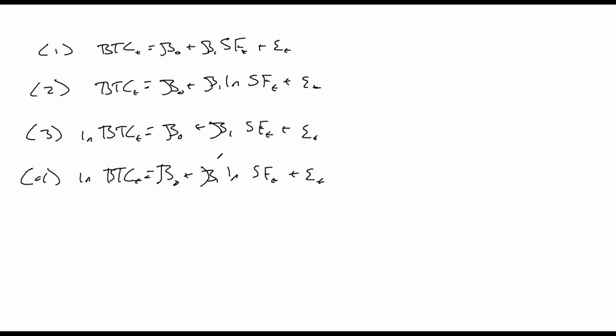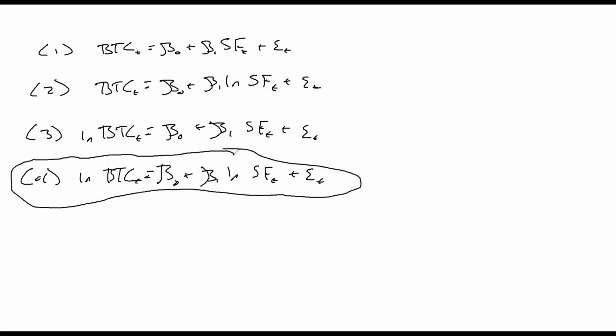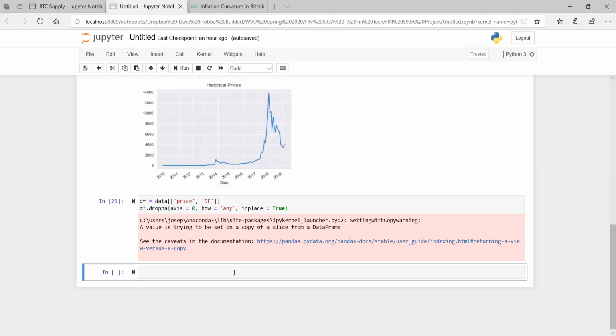In the original paper, this is what they went with. They didn't really go over anything else. They just said that there's a power rule, so they just jumped straight into this, and that's not necessarily true. I mean, it is true for this, and you can see it, but we're going to actually look at the other specifications of this regression, and we'll see whether or not there could have been other options.